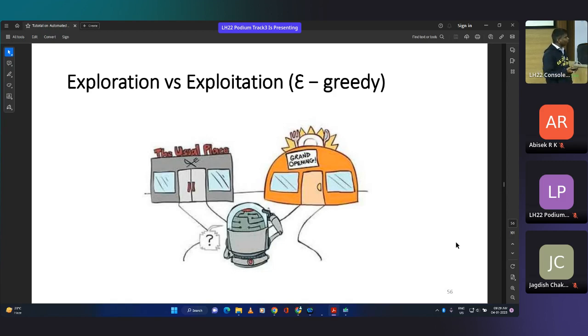Initially we explore our environment: we randomly take actions, get a reward based on each action, and update the values. Slowly we reduce our exploration and increase our exploitation once our Q table becomes saturated.